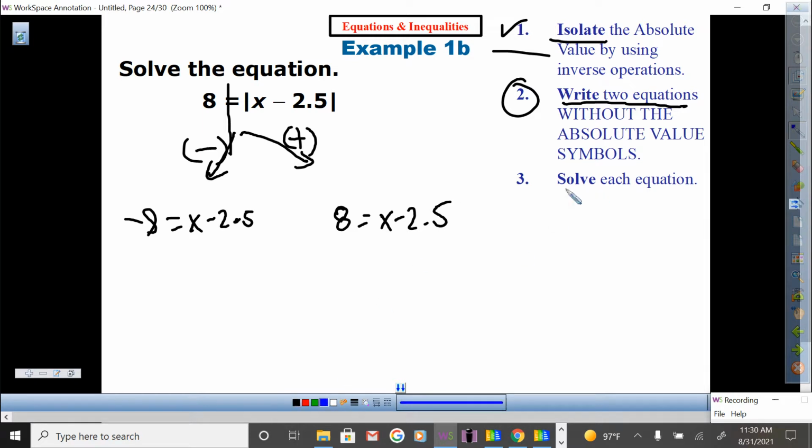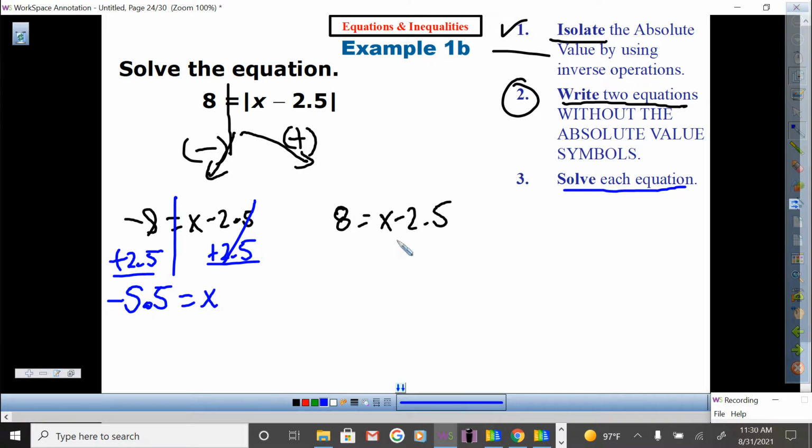Step 3, solve each equation. So, what do I do here? Add 2.5, add 2.5. We end up with negative 5.5 equals x. Look at this one. Add 2.5, add 2.5. We end up with 10.5 equals x.